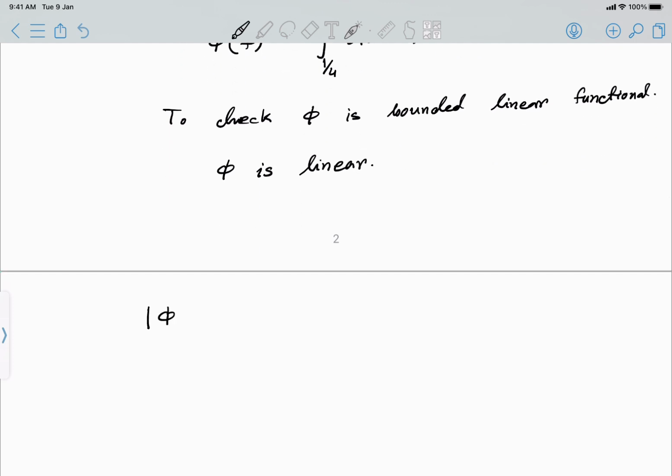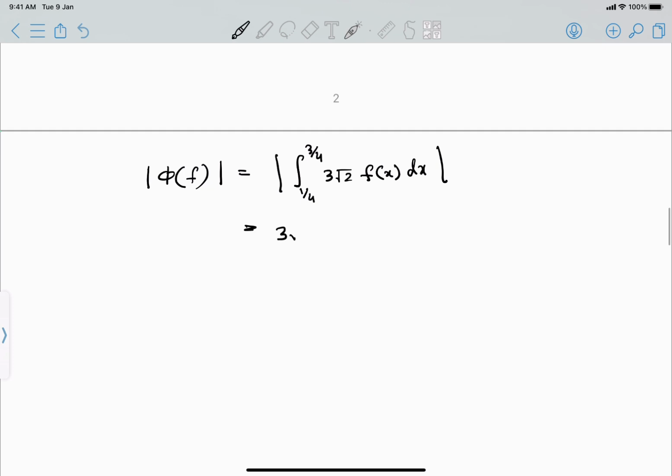Now let's check that phi is bounded. So mod phi of f is the integral from 1/4 to 3/4 of 3 root 2 f(x) dx. We can take 3 root 2 out, and this is less than or equal to taking the mod inside, so mod f(x) d mu(x).